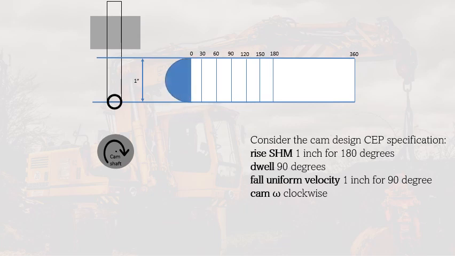To aid us in drawing the rise of simple harmonic motion, we will use the semicircle here. The technique is to divide the semicircle in the same angle that we divide the portion that contains the simple harmonic motion. Since we have a simple harmonic motion of 0 to 180, we'll also divide this semicircle with these divisions that we can see here.